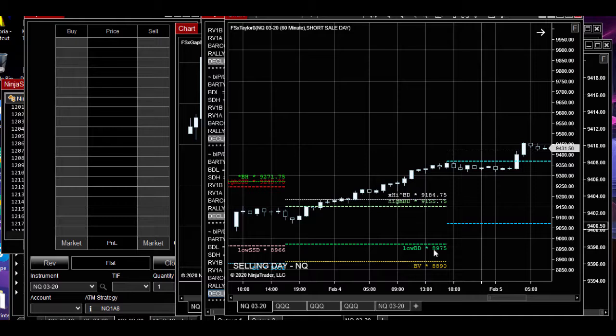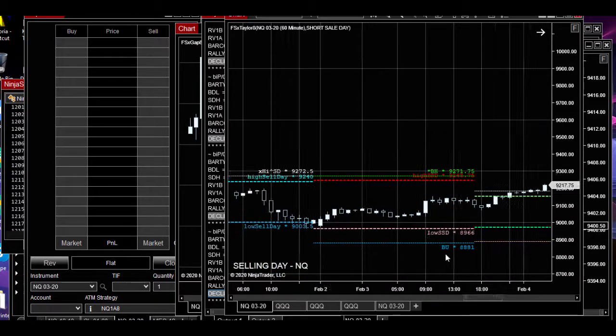Once again, the BV is the average violation underneath the buying day low. The BU is the buy under. That is the average excursion underneath the low of the short sale day on the buying day.